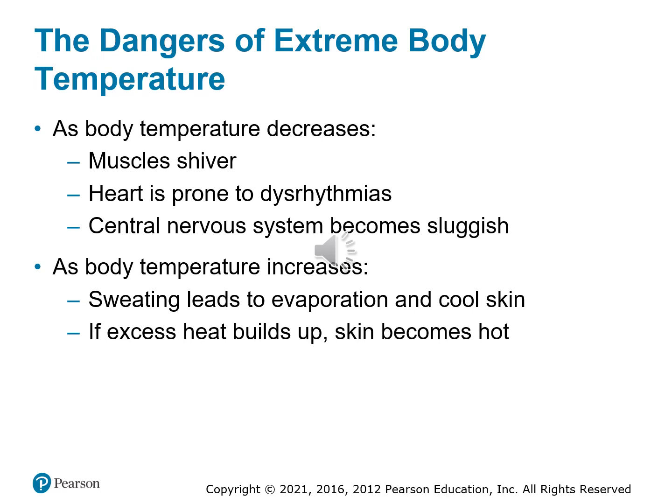Now, when it comes to a patient's body temperature increasing, the first steps are going to be sweating leads to evaporation and cool skin. So a patient with cool skin means the body's still doing its job. It's probably maintaining that internal core temperature at least as close to normal as can be.